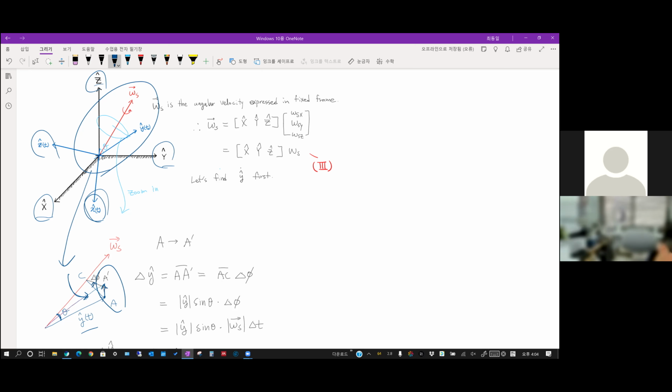So you can think about this one. And the length from A to A dash is delta y hat. And we can calculate this length using this length multiplied by the angle delta phi.